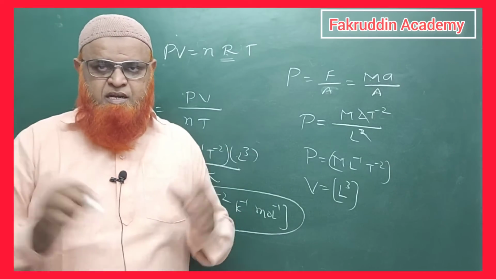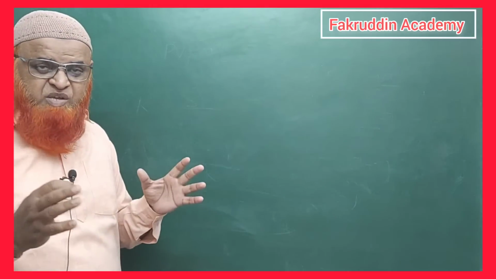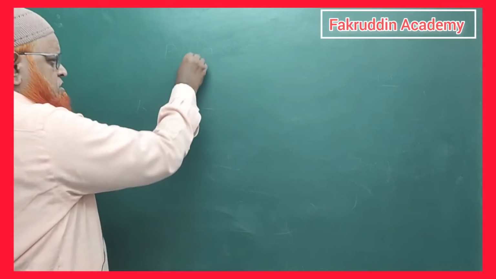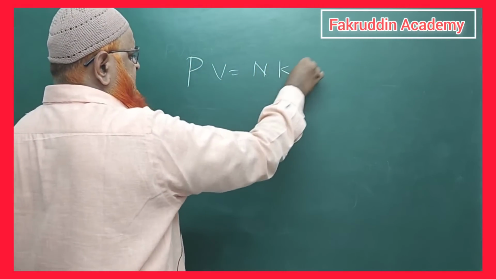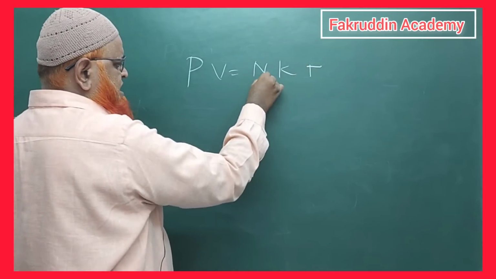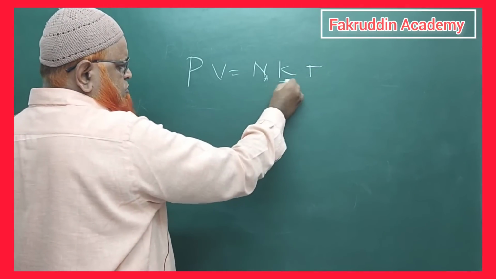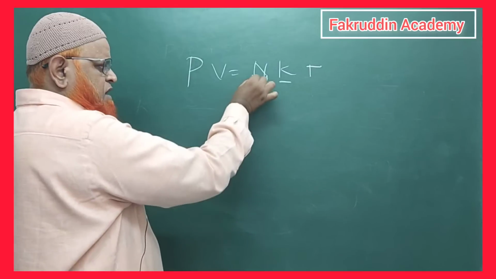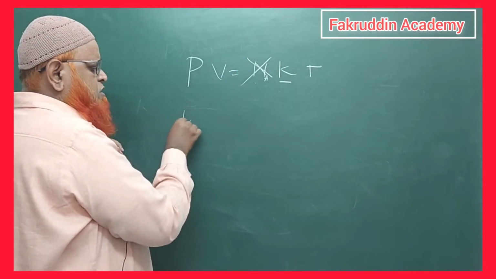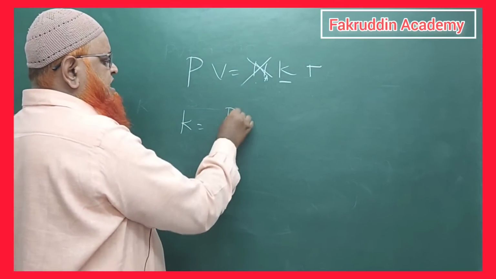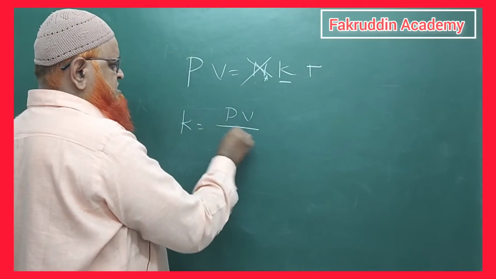So this is going to be the complete dimensional formula for the gas constant. Now for the Boltzmann constant, you need to find out what the basic formula is first of all, and you know that the basic formula is PV is equal to NkT. Here N is called the Avogadro number and k is called the Boltzmann constant. For the Avogadro number, as it is a number, it doesn't have any dimensions, so we need to find out what k is. So k is nothing but PV by T here.